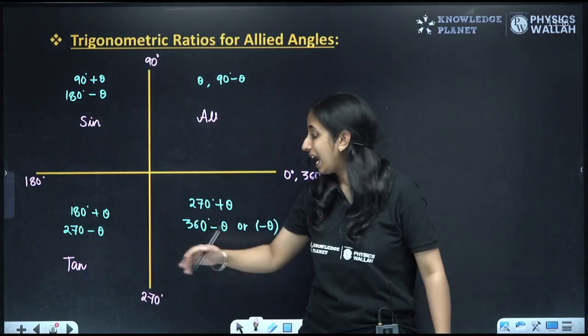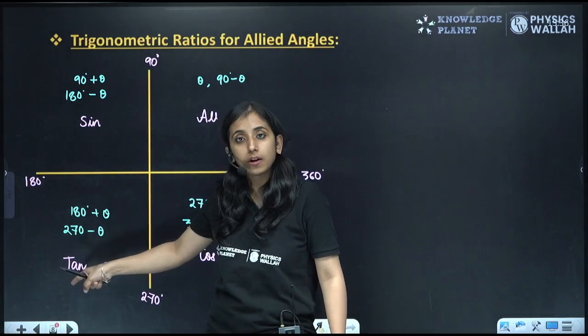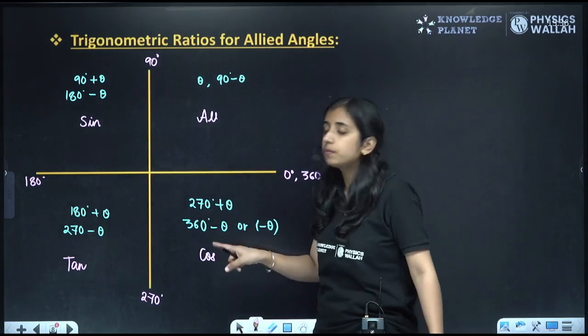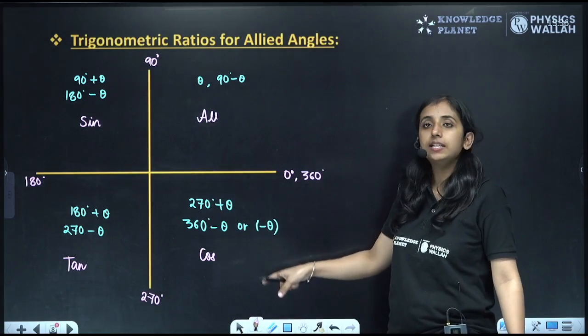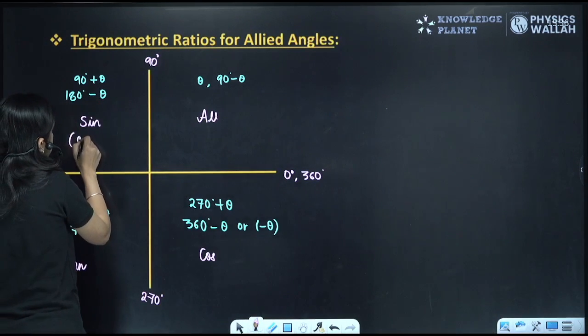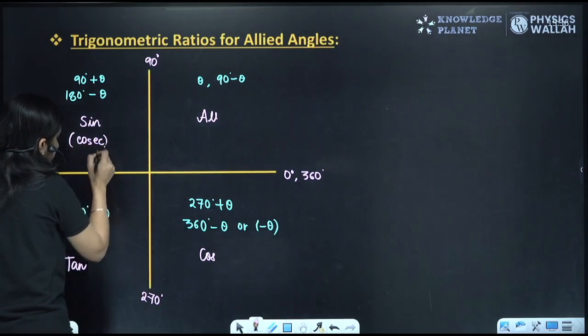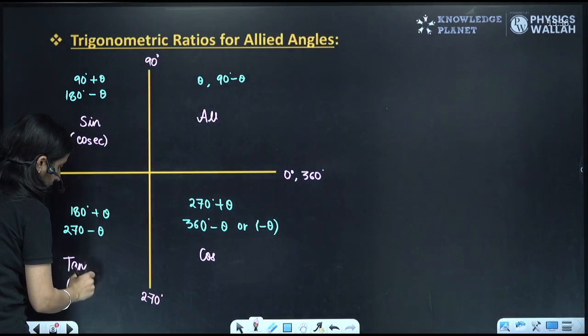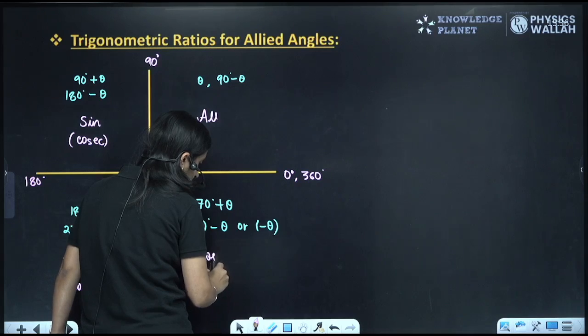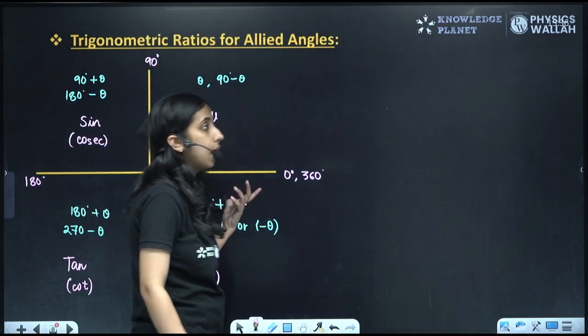If tan is positive here, then cot will also be positive here, because cot is 1 by tan. And if cos is positive here, then secant will also be positive here.